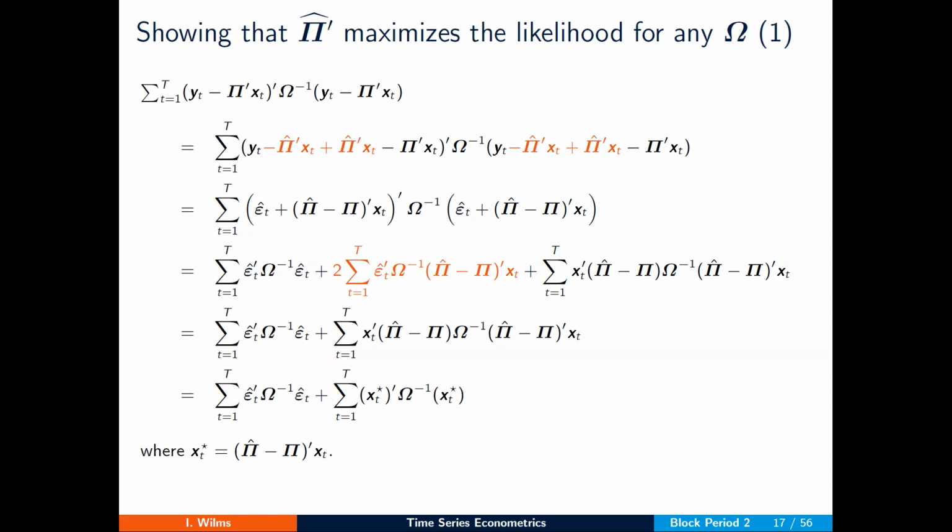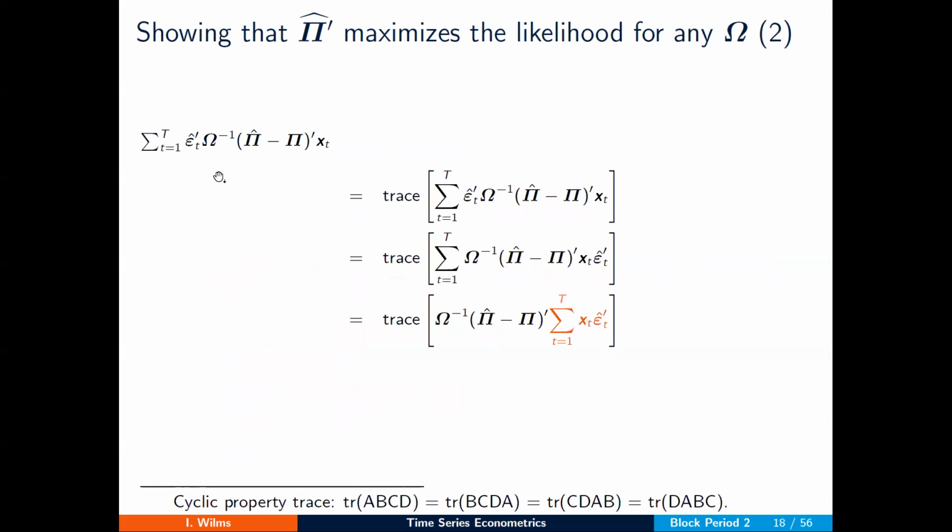Okay, so we achieved our main objective, but I still need to convince you of the fact that this term in red over here is indeed 0. So let's take a closer look at this term on the next slide. First of all, convince yourself of the fact that this term is nothing more than a scalar by inspecting the dimensions of all terms involved.